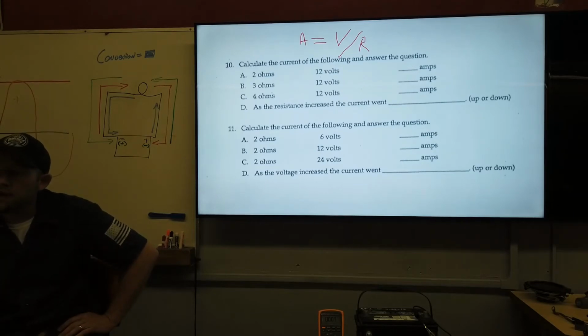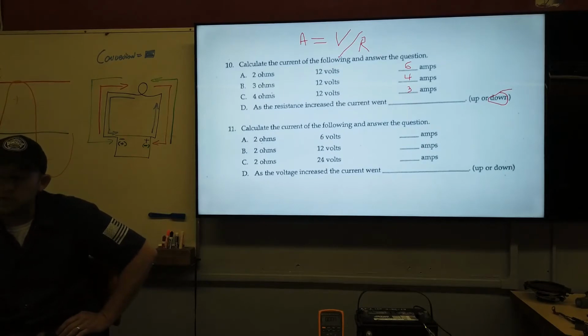So if I had 12 volts divided by 2 ohms, that gives me 6 amps. If I had 12 divided by 3 ohms, that gives me 4. If I had 12 divided by 4, that gives me 3. So as resistance increased, with voltage remaining constant, amperage went down. As resistance goes up, amperage goes down.